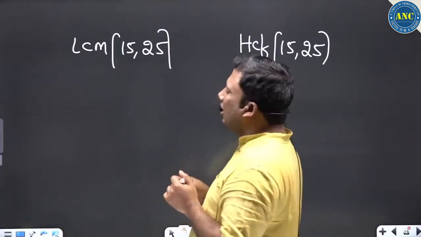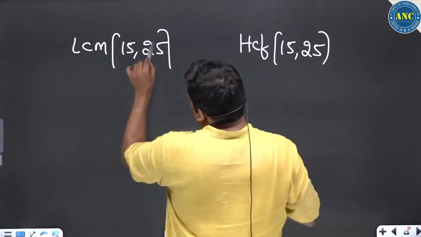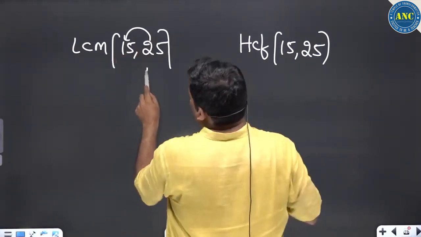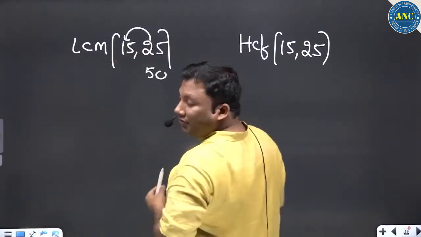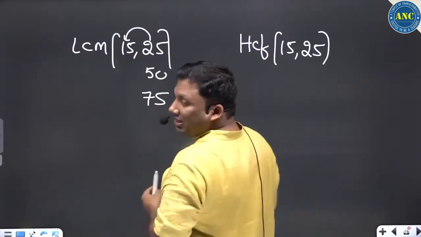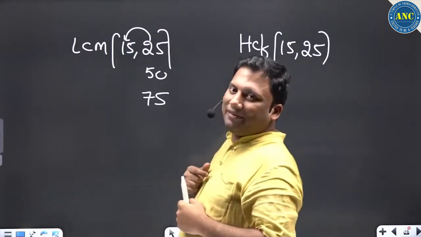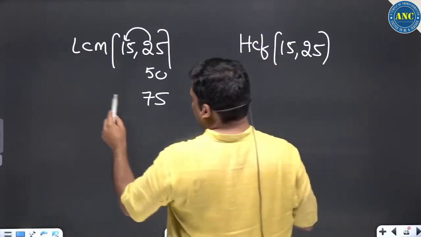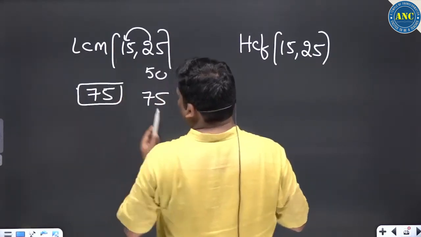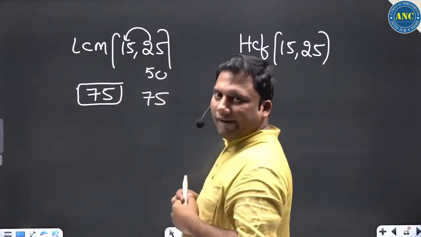Is 25 divisible by 15? No. Take the next number, 50. Is 50 divisible by 15? No. Take the next number, 75. Is 75 divisible by 15? Yes. LCM of 15, 25 is 75.